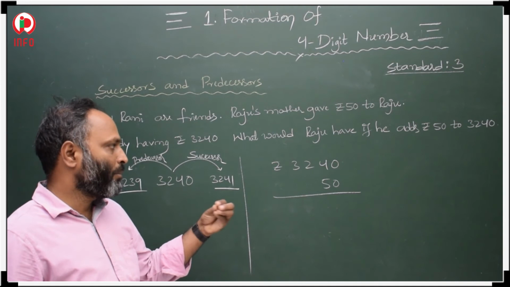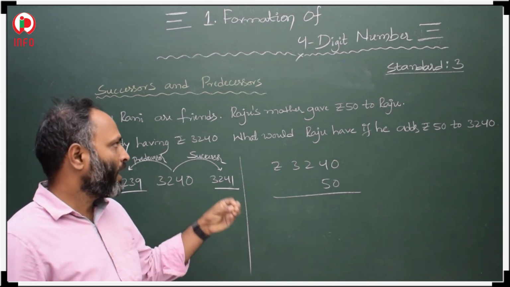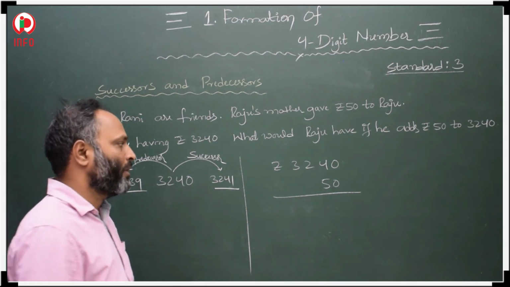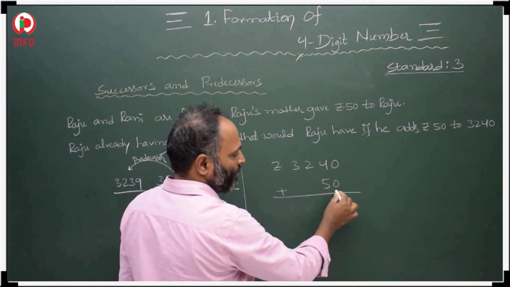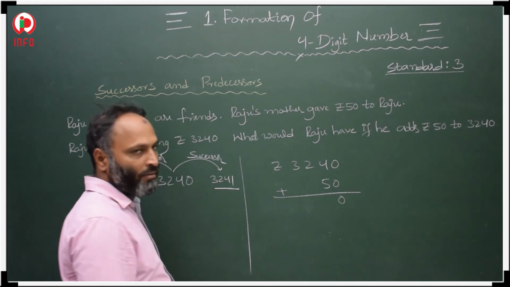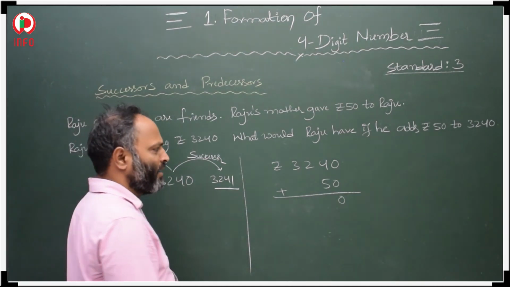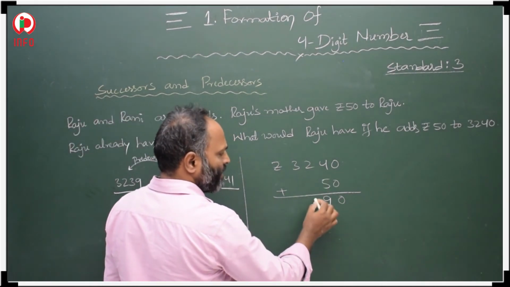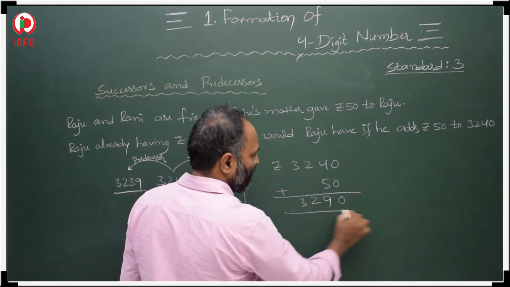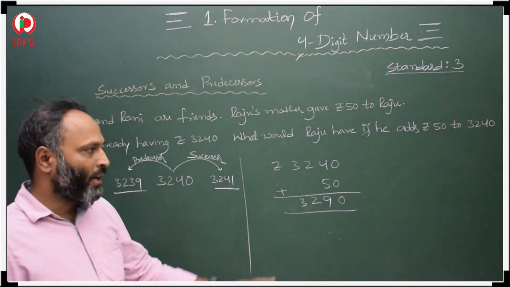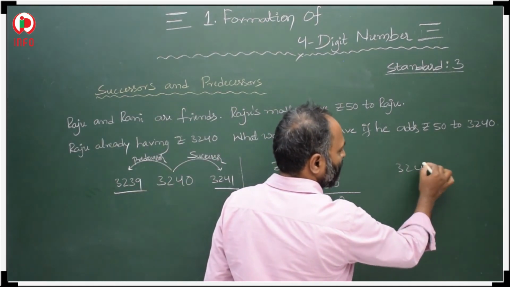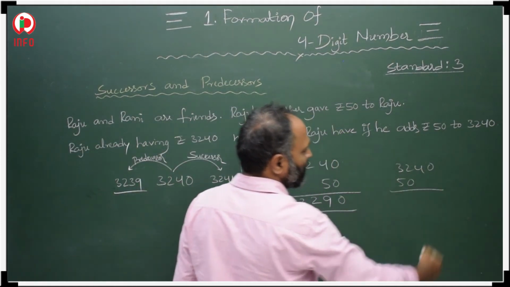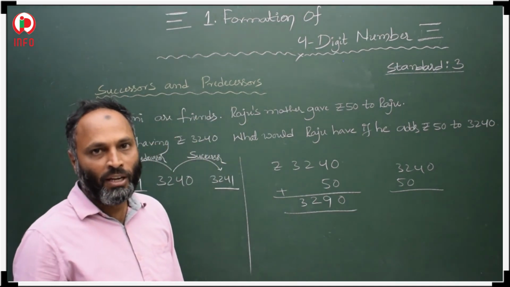What is the total money Raju has with him? Then add these two. 0 plus 0 is 0. 4 plus 5 is 9. And these two as they are, and these three like this. We have to add like this. Don't take your 50 like this.